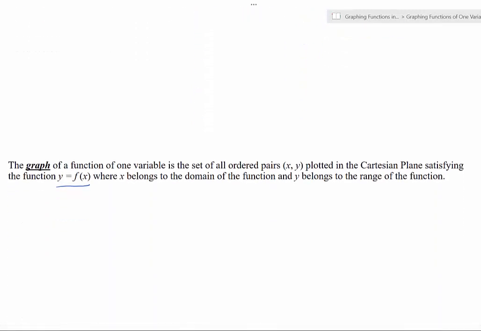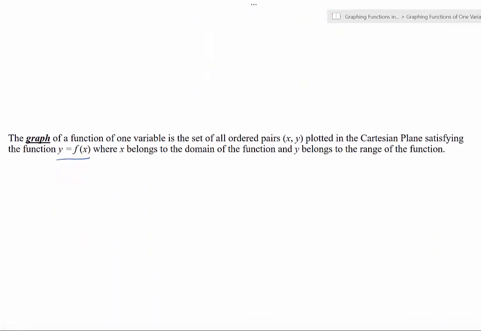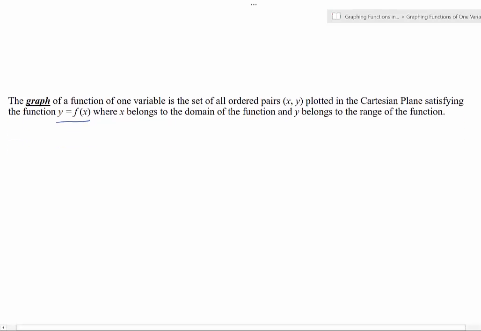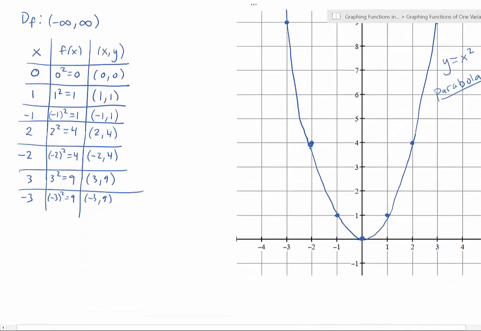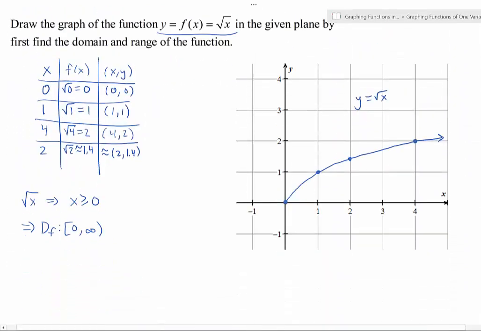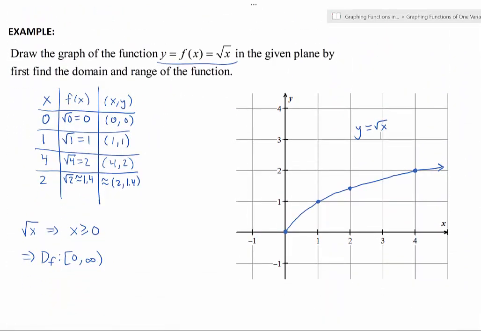The graph, of course, is the collection of all the ordered pairs x, y, which results from applying the function rule f to allowable input values, x, and getting some output. You plot them all, you get the graph, and we saw a couple graphs. So that's a little intro. That's how you graph. We're going to look at so many function graphs. It's going to be great.